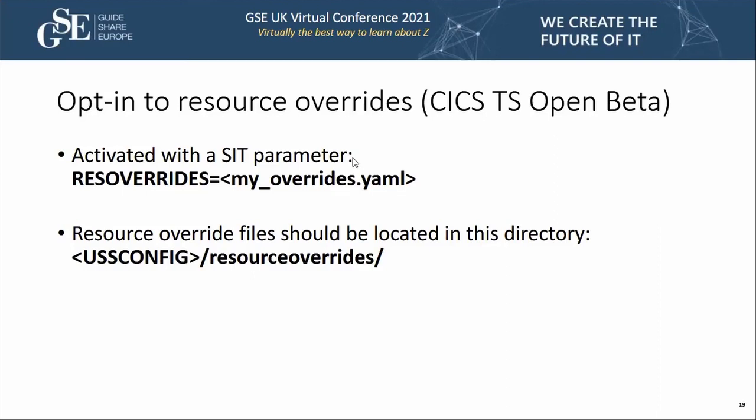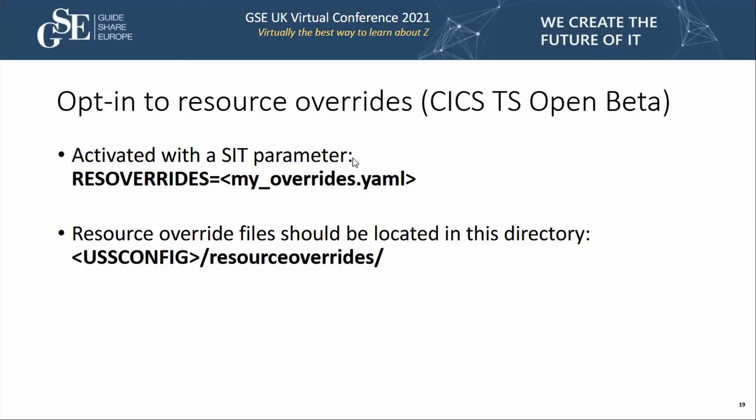Things like your programs, files, transactions, your IMAP, all the things you can create in your CSD can also be overridden. That isn't specifically to do with the CSD, it's to do generally with how CICS handles these installs. And that means that things like CPSM BAS resources that are also going to be installed can also be overridden here.